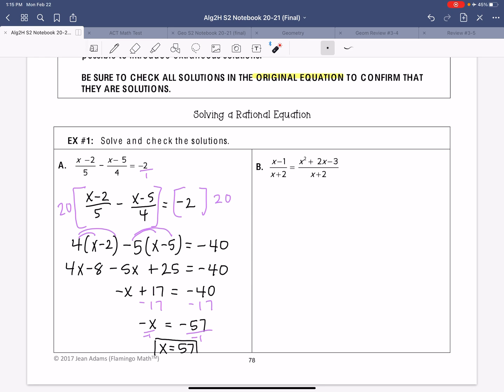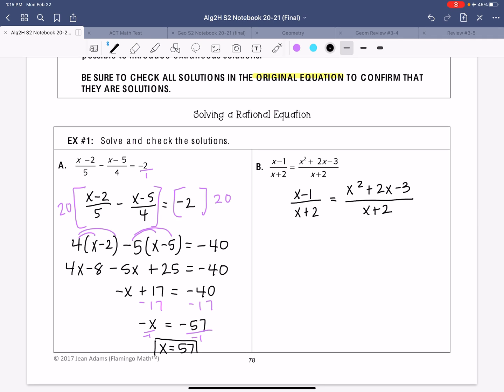Let's look at the next one. We have to figure out our common denominator. This one's pretty straightforward: they have the same denominator, so the common denominator is x plus 2. We have x squared plus 2x minus 3 over x plus 2.